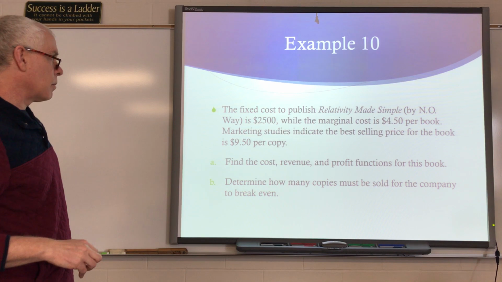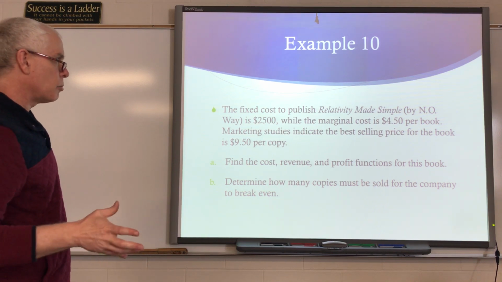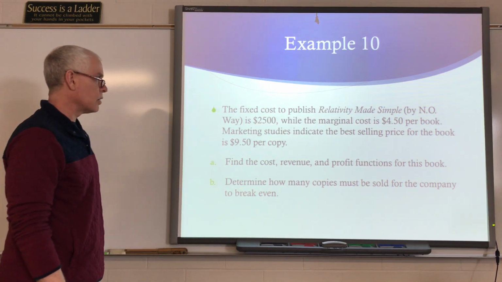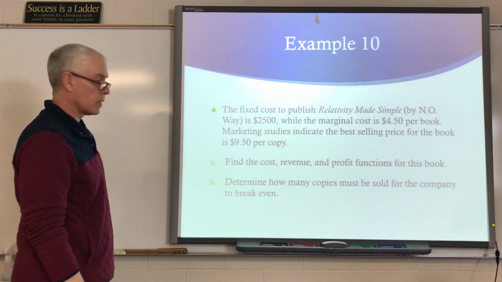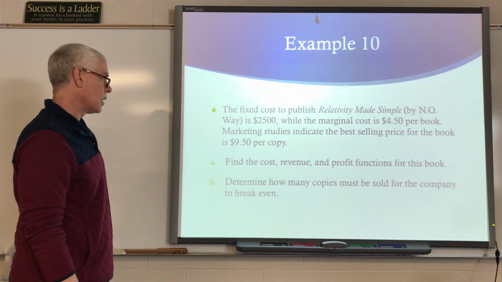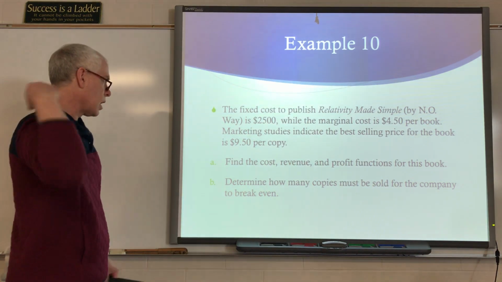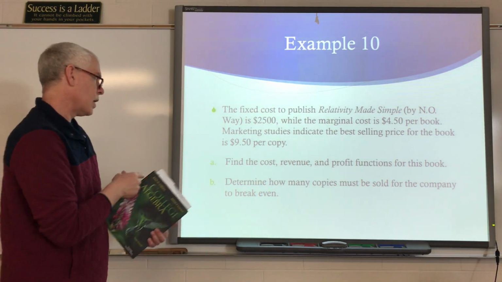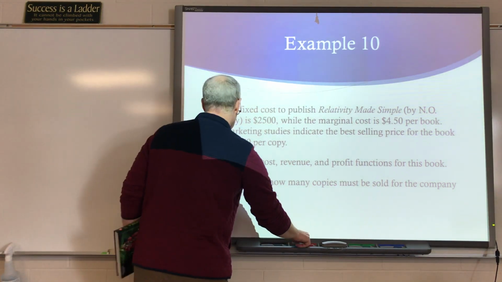The fixed cost to publish a book is $2,500, while the marginal cost is $4.50 per book. Marketing studies indicate the best-selling price for the book is $9.50 per copy. Find the cost, revenue, and profit functions. Okay.